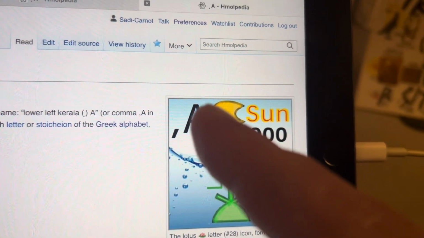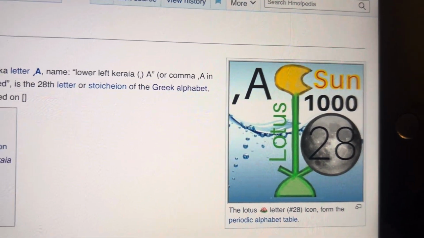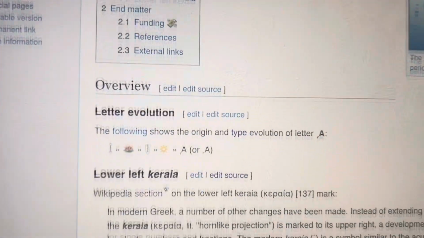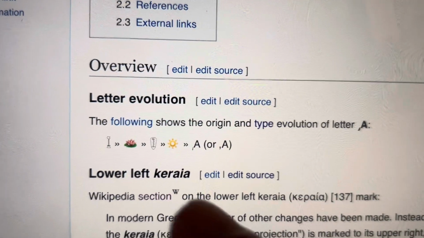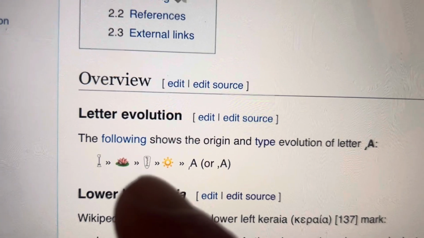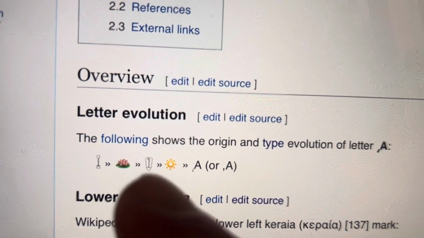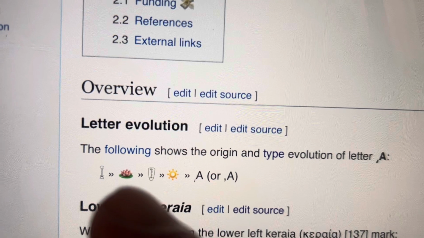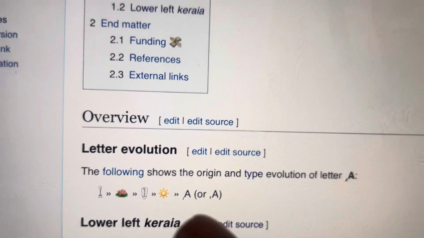That's a bulb of sunlight coming out, and the alphabet cycle starts again in 1 month of the cycle. Letter evolution. That's from Dendera Temple, snake coming out of a lotus, inside of a bulb of light, rising lotus, a comma.